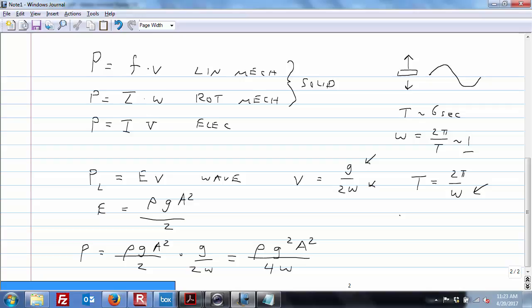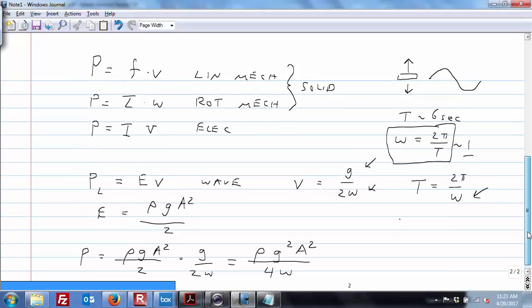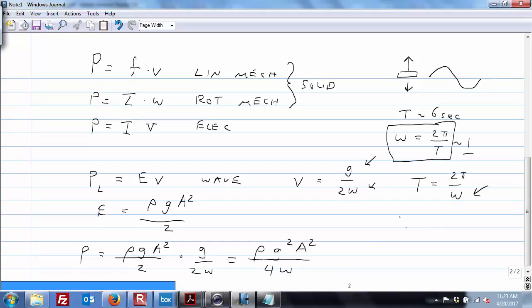And then omega equals 2 pi by T. We've already got that. And I already told you that A equals H by 2.